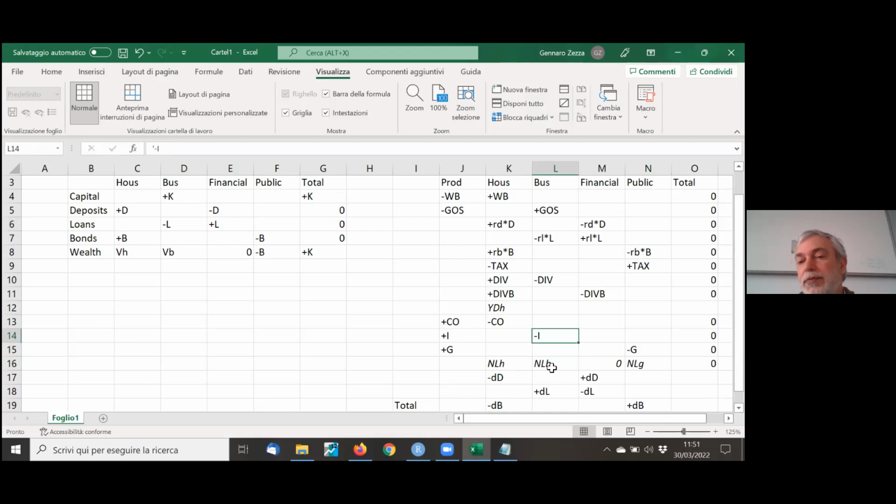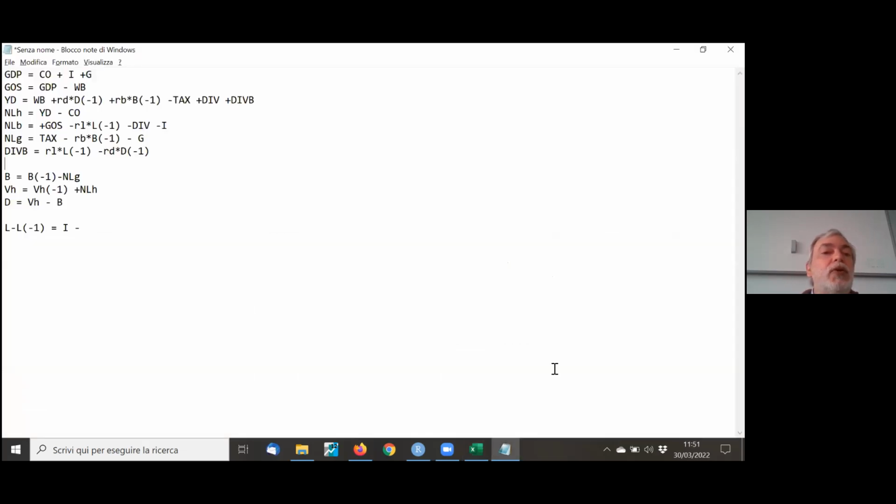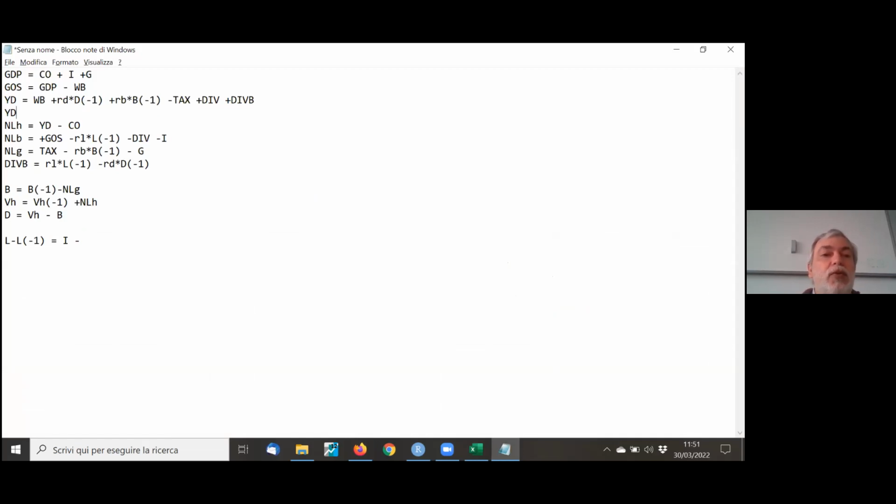No, it's not the net lending, but what we could call the disposable income of business. So the disposable income of business is what is left from profits after paying for interest on previous loans and after distributing the dividends. So YDB is equal to profits less interest paid on loans less dividends.